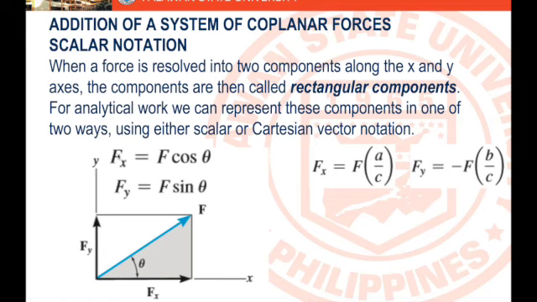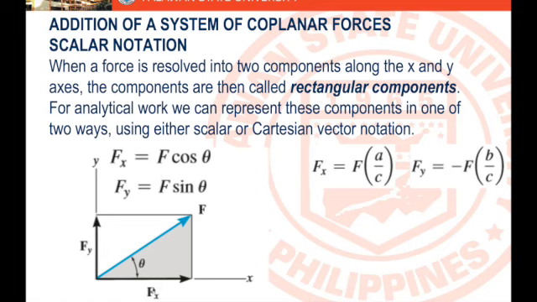As you can see here, we can solve for the magnitude. Take note, this is the magnitude of the component in x. That would be the magnitude of F multiplied by the cosine of the angle theta. Cosine is equal to adjacent over hypotenuse, so this is the adjacent side, which is your Fx.